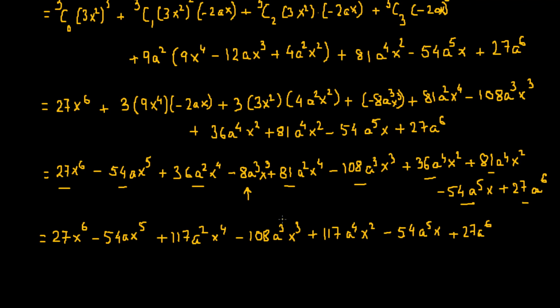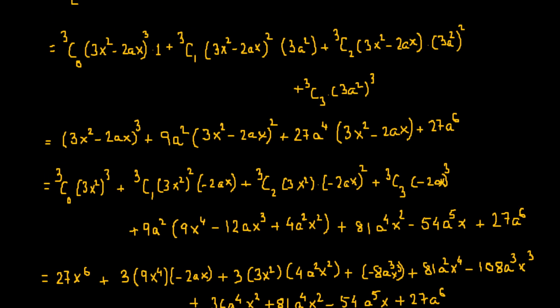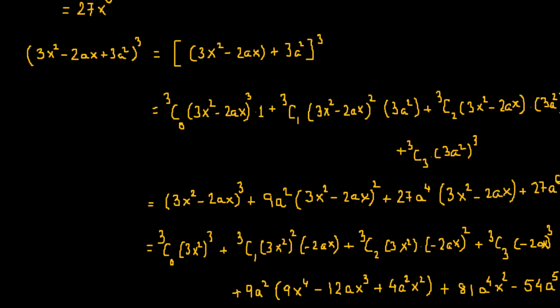So this one gets added to this one. And then we should get not negative 108 but negative 116. Makes sense. Have we left anything behind? No, everything is great. So this is the final answer for the expansion of, what was the question?